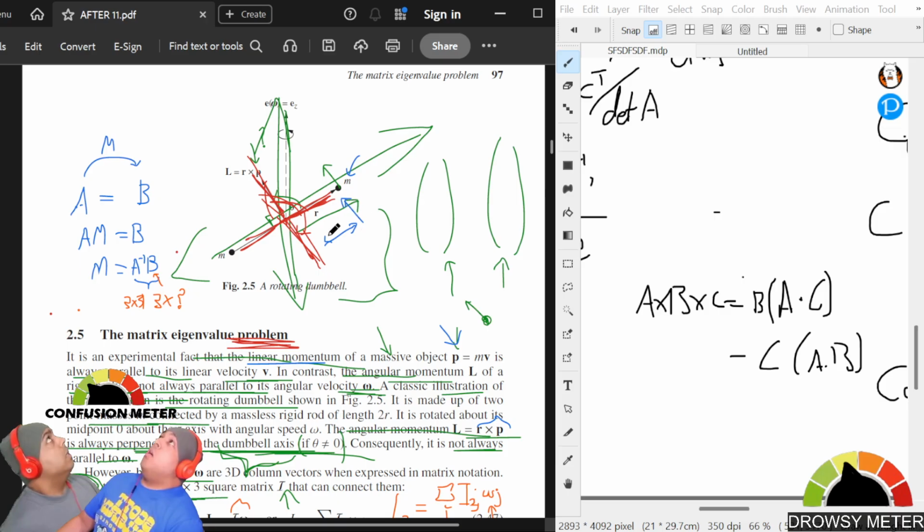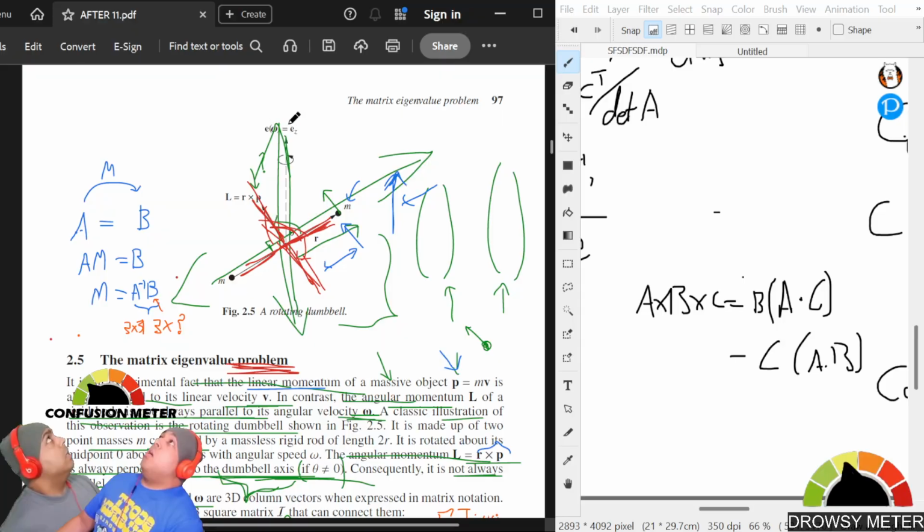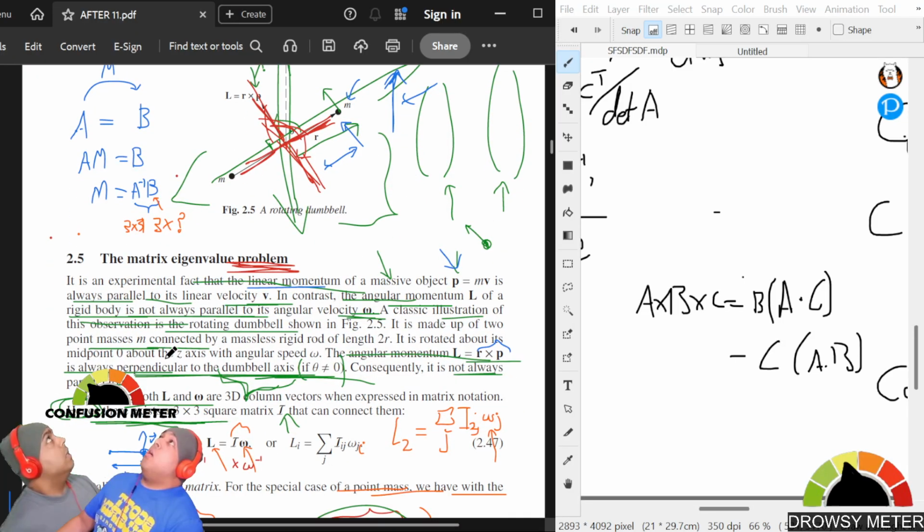So R cross P would be perpendicular to the plane, which is parallel to the axis of rotation. It's always perpendicular to the dumbbell axis if theta is not equal to 0.